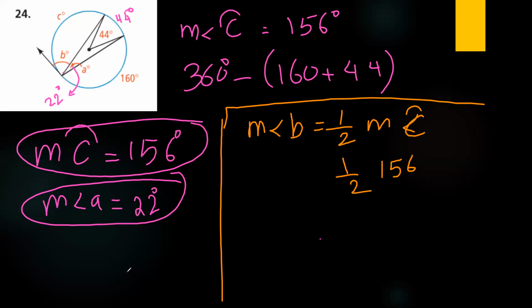Half of it will be 78. So the measure of angle B will be 78 degrees. Is it clear? Yes, teacher, thank you.